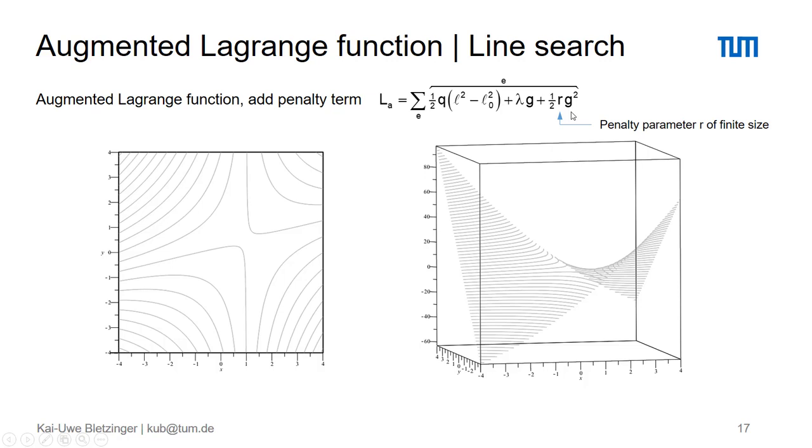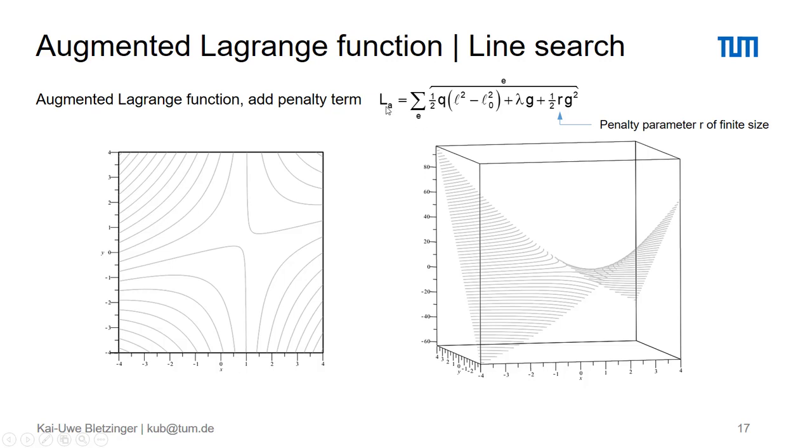So it does not modify the solution in that case. And also at the optimal solution, the gradient of this penalty term also vanishes. That's another nice property. It just modifies the curvature of our Lagrange function, and neither the value at the optimal solution nor the derivatives at the optimal solution.